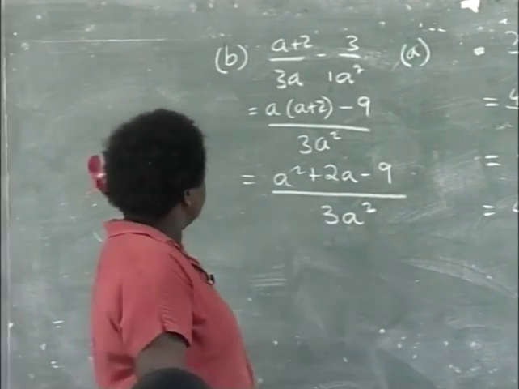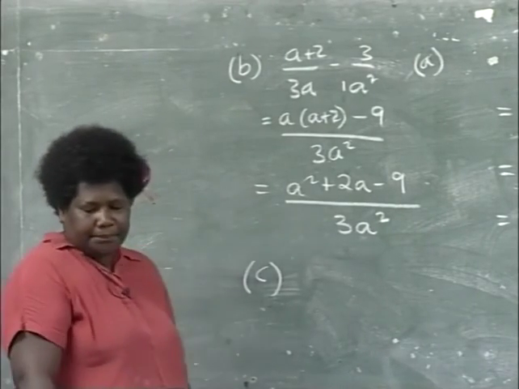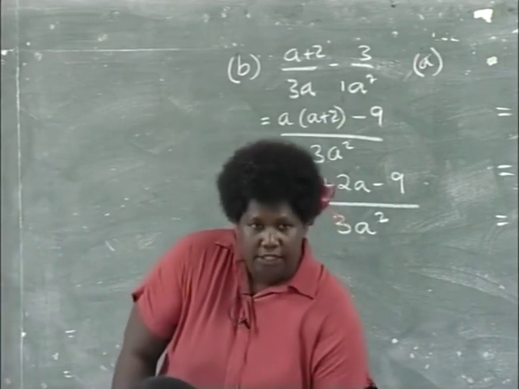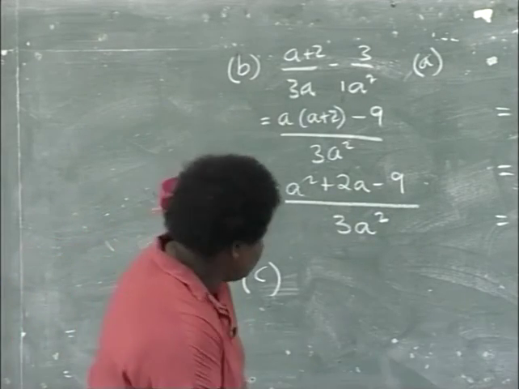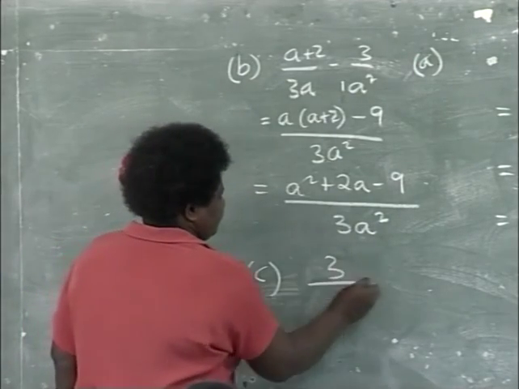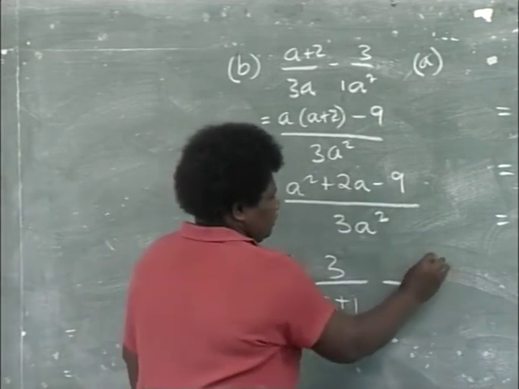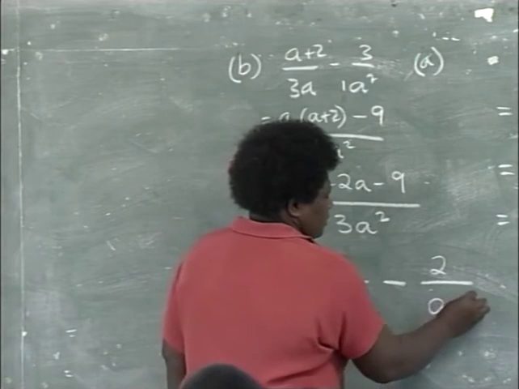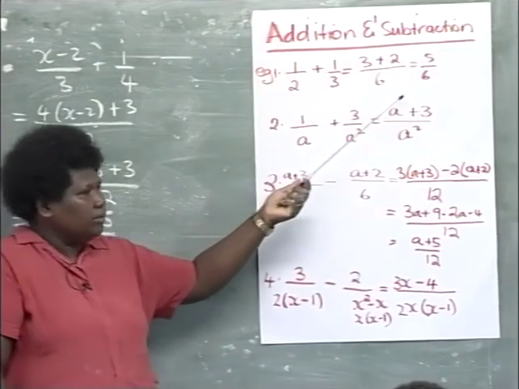Let's see what you have for letter C. Okay, it's 3 over A plus 1 minus 2 over A minus 1. If you look at example 1 again, this is how I used to remember working out the lowest common multiple.